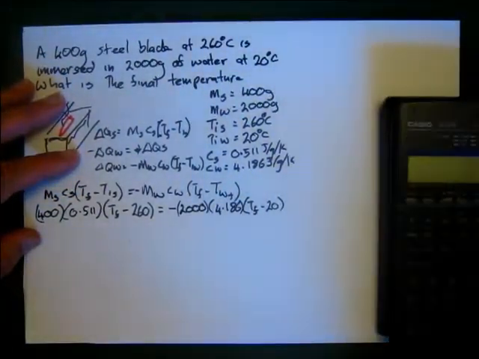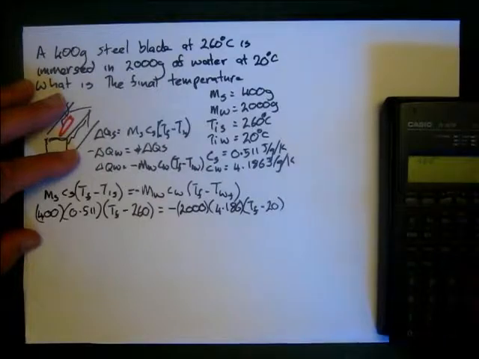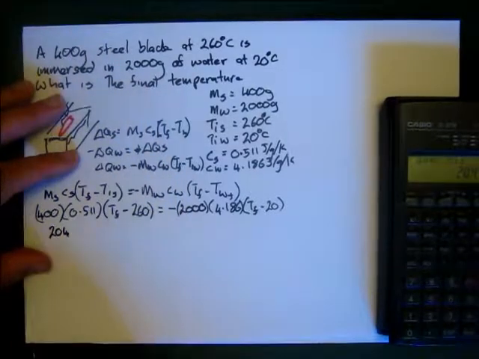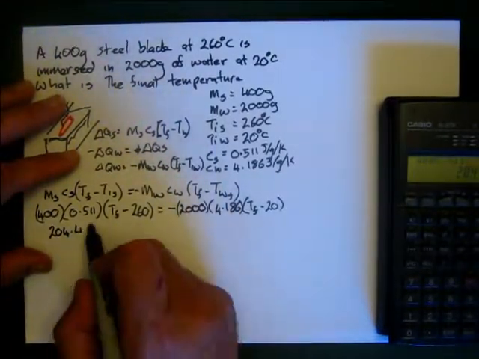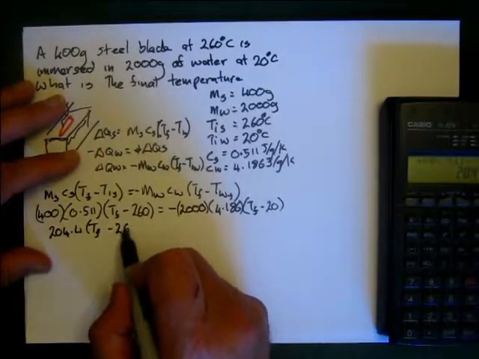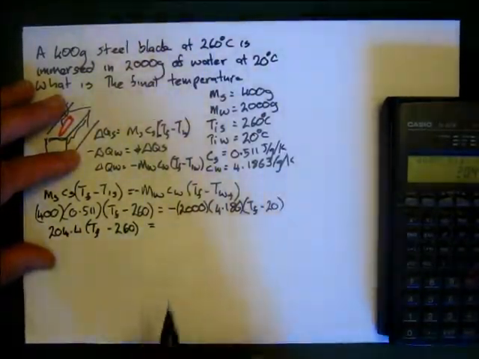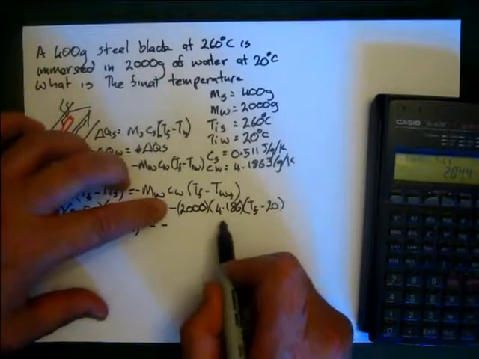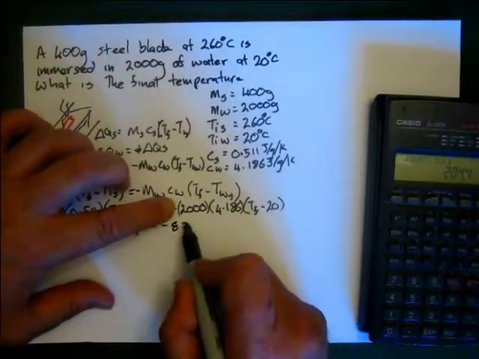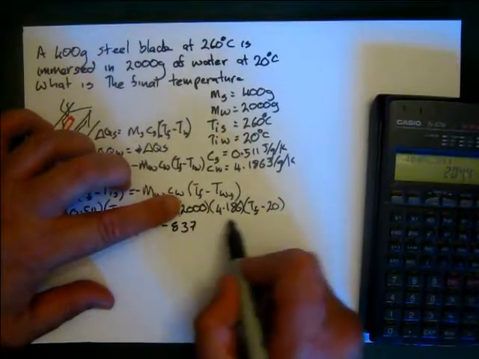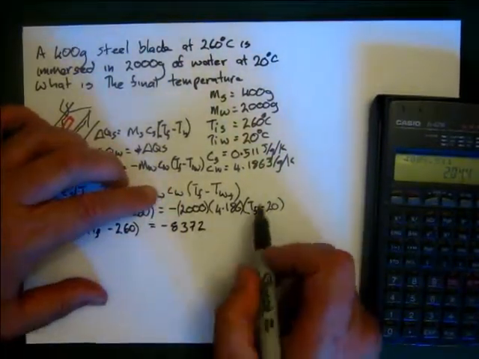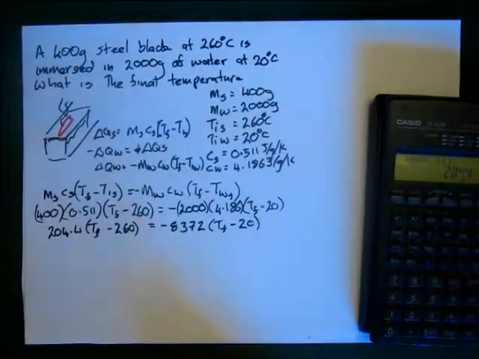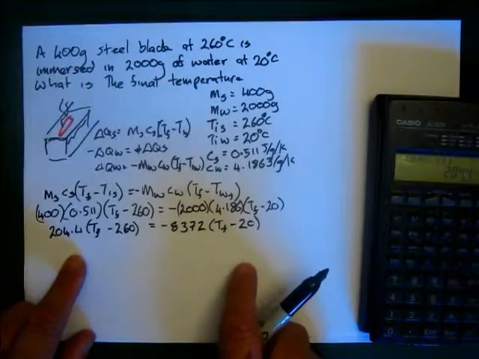Okay, so just a bit of calculator time here. 400 times 0.511 equals 204.4, times TF minus 260, equals, again, 2000 times 4.186, so it's going to be minus 8372 times TF minus 20. Now what we have to do is expand these brackets out.